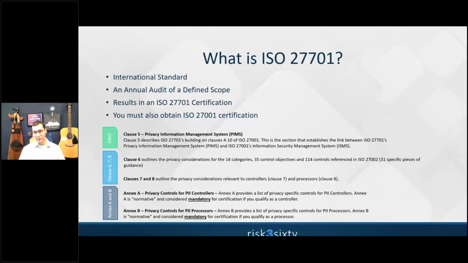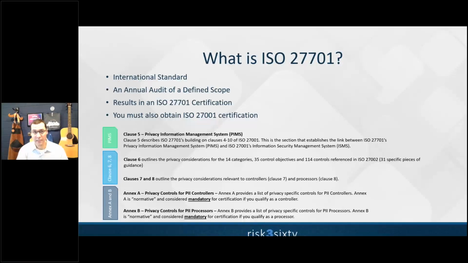What 27701 does is it says it's a starting point. If you're looking at 27001, anytime it refers to information security, those references should be replaced with a reference to information security and privacy. So that's the base of the change to the PIMS, and then there's further guidance on some of the specific clause elements.